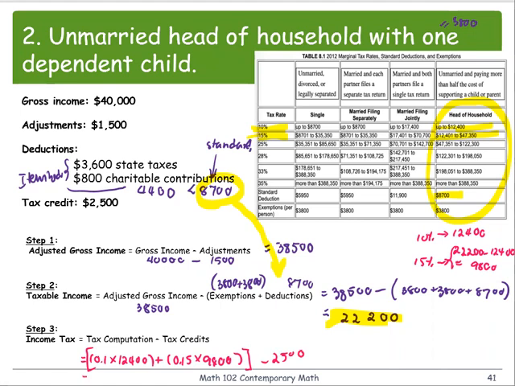The tax computation comes out to be 2,710, and subtracted by 2,500. Therefore, we have the income tax as the value 210.